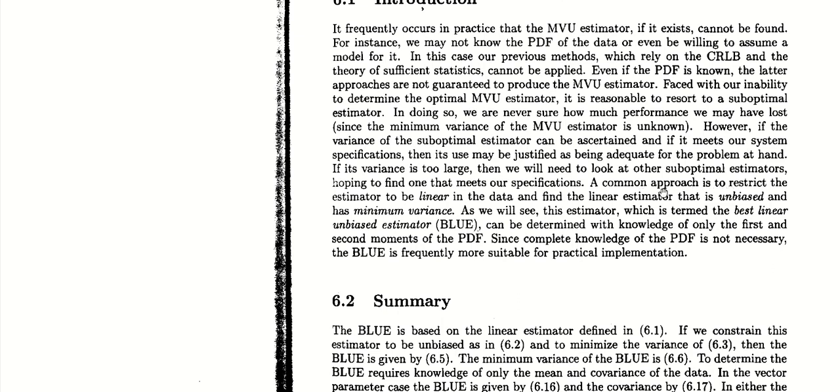So a common approach is to restrict the estimator to be linear in the data and find a linear estimator that is unbiased and has minimum variance. So we will call it the best linear unbiased estimator.